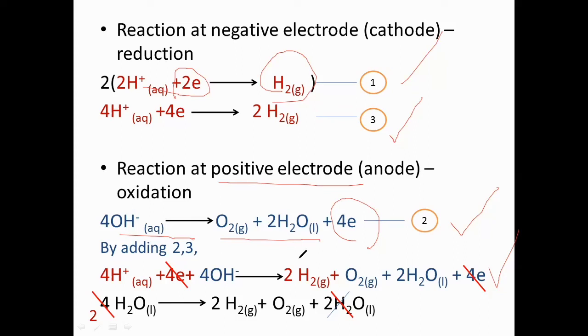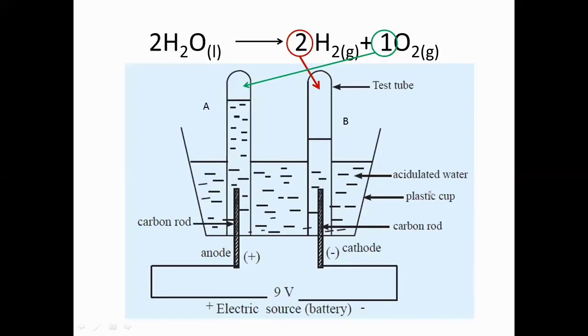So it will produce 2 mole of hydrogen gas and 1 mole of oxygen gas. The acidulated water can produce 2 mole of hydrogen gas as well as 1 mole of oxygen gas by electrolysis.